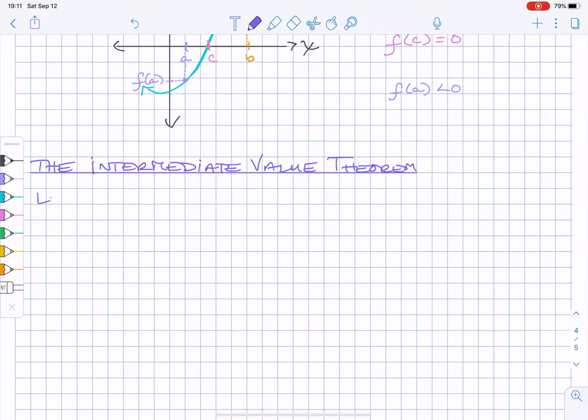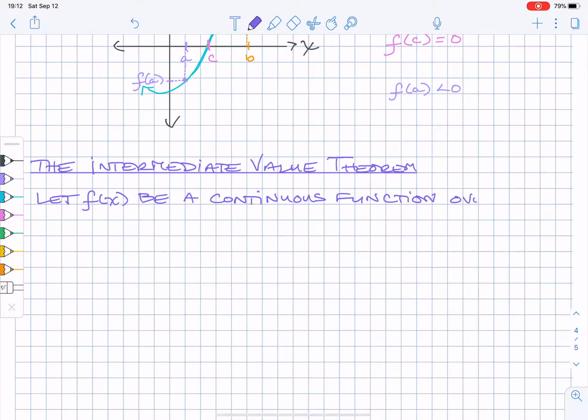So let f of x be a continuous function. Actually, it doesn't even need to be smooth. Let me be more precise.